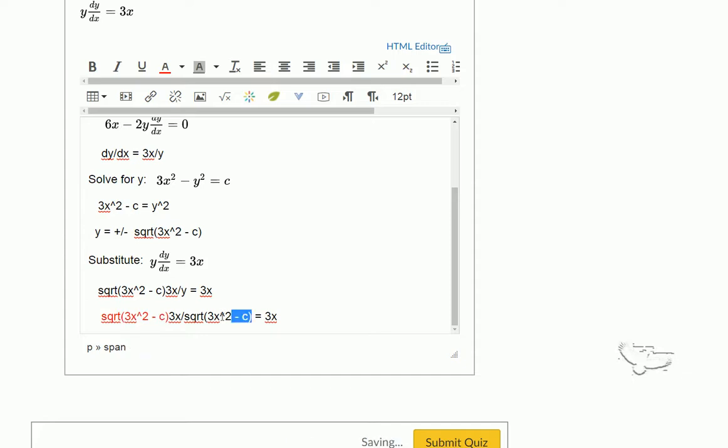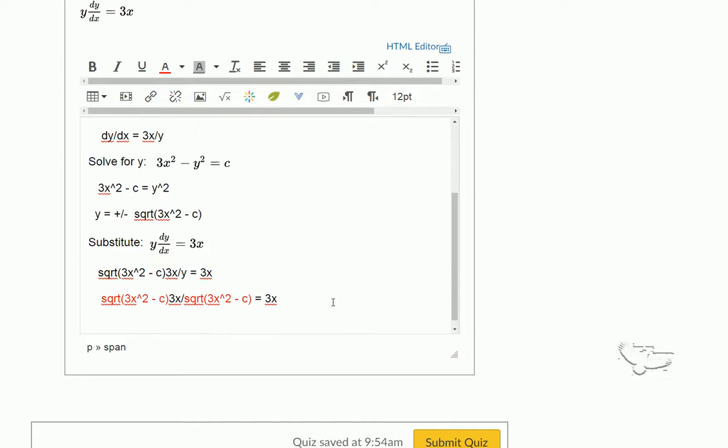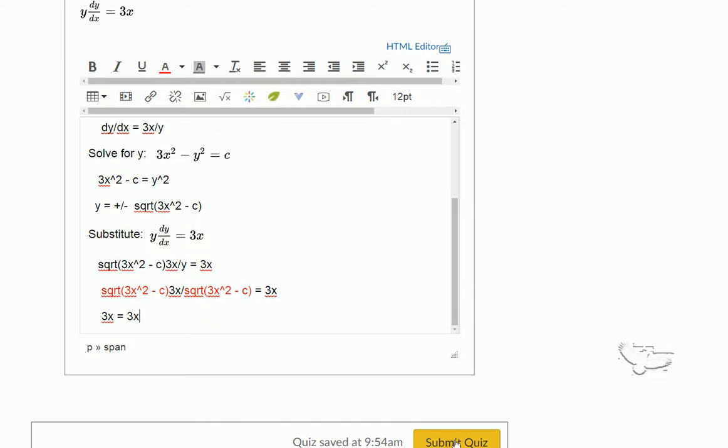And this part cancel out. And notice that you're left with 3x equals 3x. Those square roots cancel out. You're left with 3x equals 3x. And that shows that it's true. So from there I could submit it.